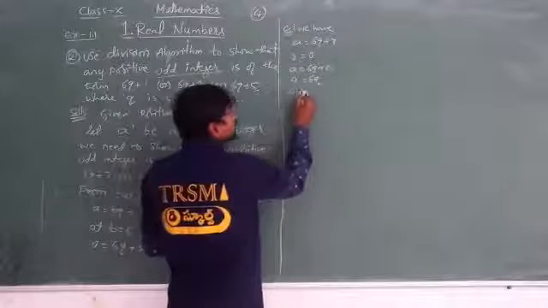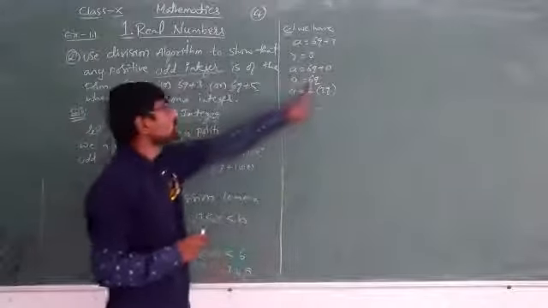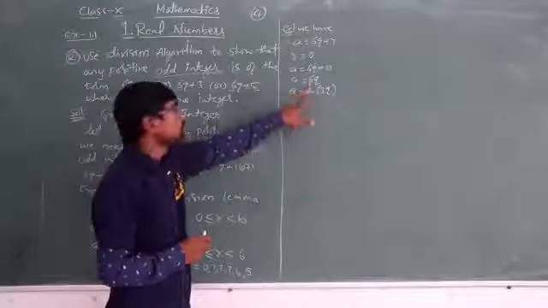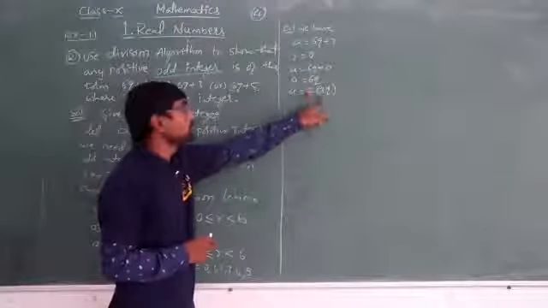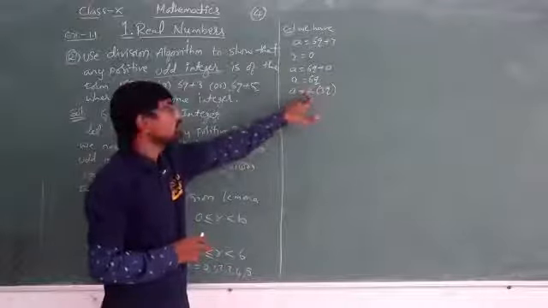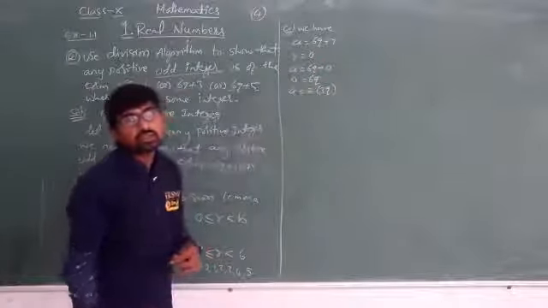Can I write this as a equals 2 into 3q? Why have I written this? 6 is divisible by 2, isn't it? So if I multiply 2 with 3, I will get 6. So I am taking 2 as common. So as it is a multiple of 2, it means it is divisible by 2, isn't it?